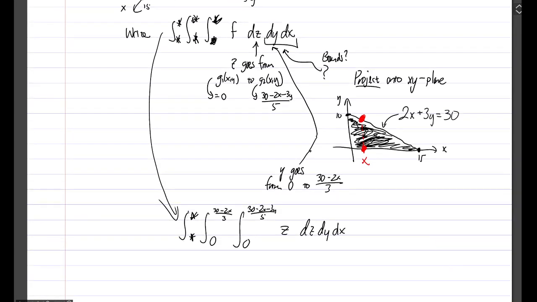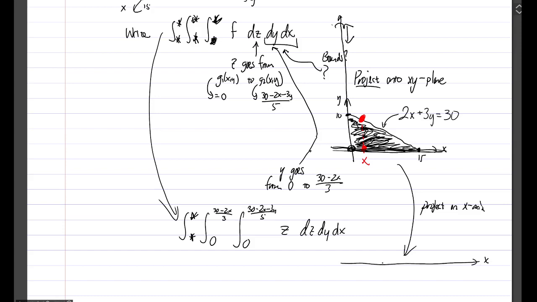Well, that's just the largest and smallest x values that you see, but I'm going to actually suggest, just to make the process consistent, let's project onto the x-axis. Say you're a bird and you're now way up here, and when you look down at this shape, all you see is this flat ground here. What you're going to see is just this part here. So as a picture on the x-axis, you're going to see 0, 15.